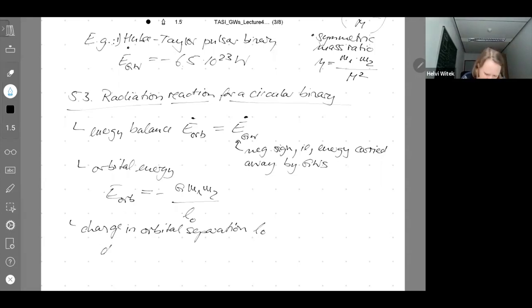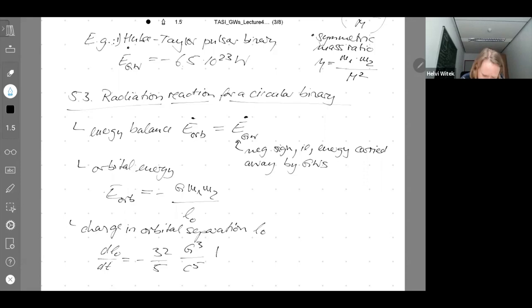So what we would find is that the change in the separation, so dL0 by dt, equals minus 32 divided by 5, Newton's constant to the third, speed of light to the fifth. And let me write this equation in terms of the chirp mass.